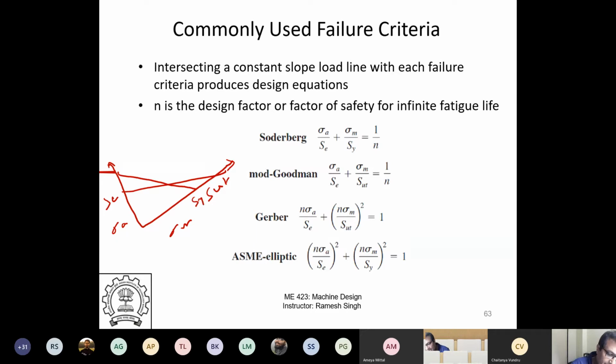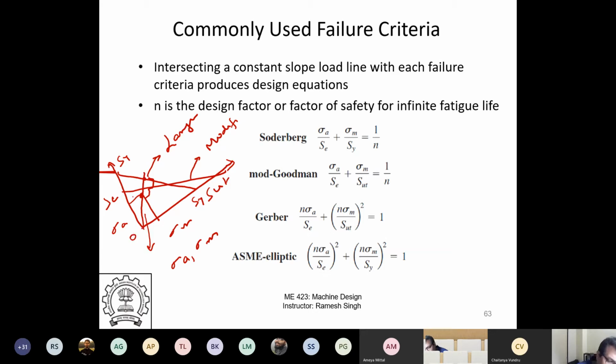So this is Langer line, and this is modified Goodman. If I am somewhere here, whatever my loading condition as per my physical thing, sigma max and sigma min in the loading cycle, say I'm right here, but I can go up till here and still be safe. So this ratio is my factor of safety from here to here.